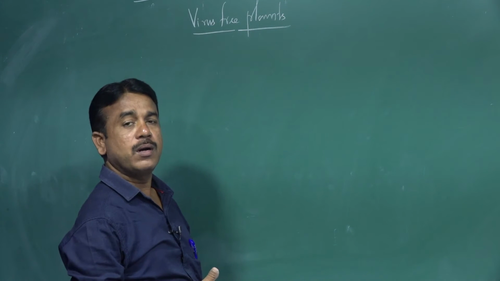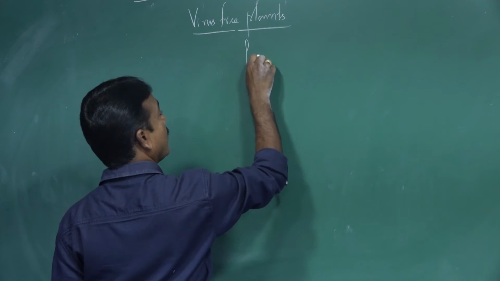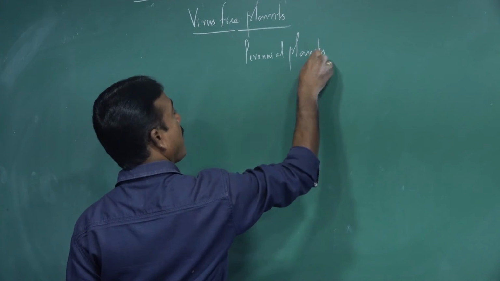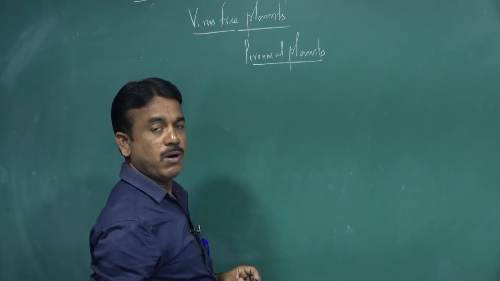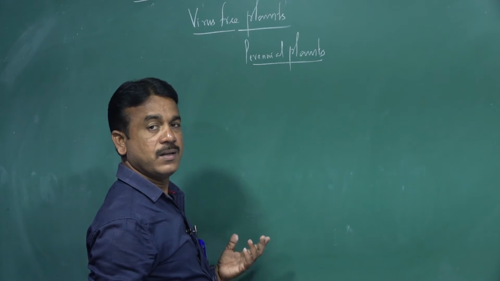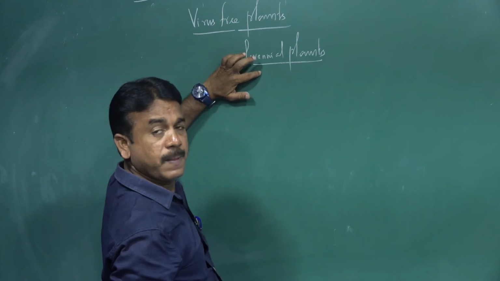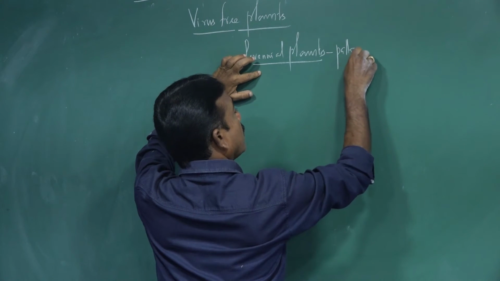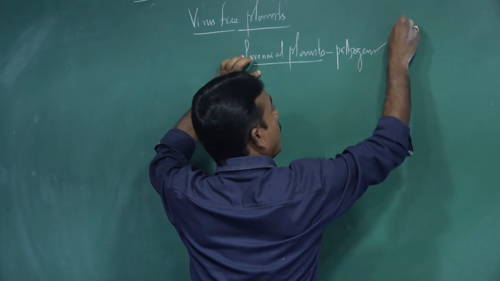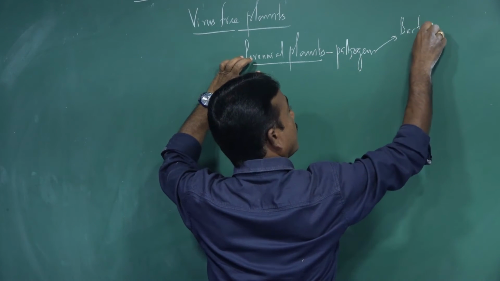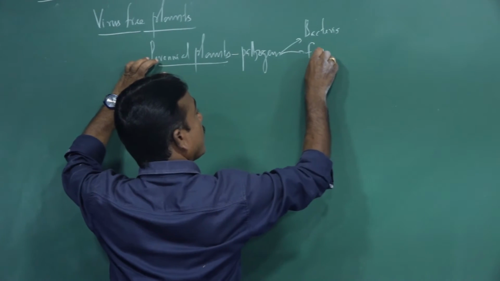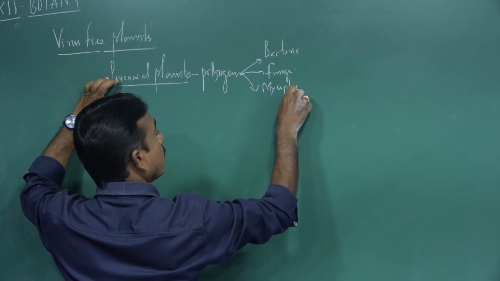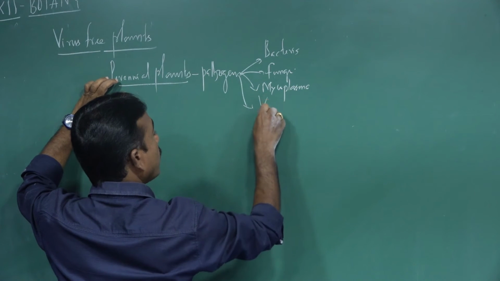Normally grown perennial plants, so what is the meaning of perennial? Plants that live for many years. Normally grown perennial plants are generally affected by a variety of pathogens such as bacteria, fungi, mycoplasma and virus.